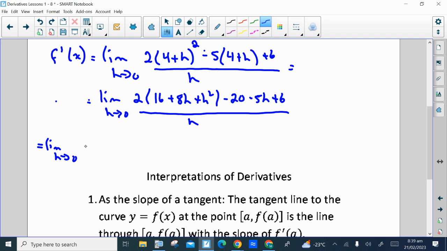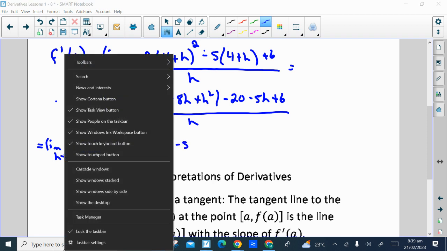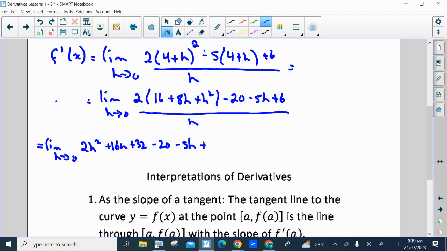So if we multiply out those brackets, we're going to get 2h squared plus 16h plus 32 minus 20 minus 5h plus 6 all over h. So I'm going to have the limit as h approaches 0. I've got 2h squared, 16h minus 5h is plus 11h.